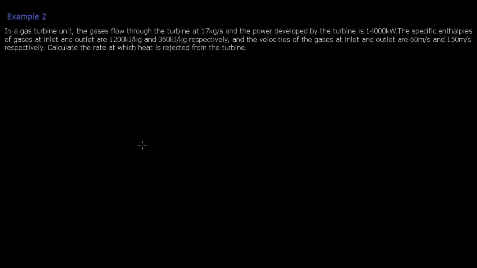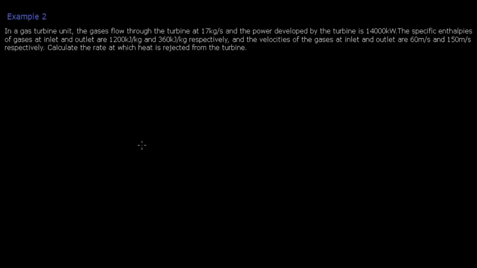The specific enthalpies of the gases at inlet and outlet are 1,200 kilojoule per kilogram and 360 kilojoule per kilogram respectively. The velocities of the gases at inlet and outlet are 60 meter per second and 150 meter per second respectively. Calculate the rate at which heat is rejected from the turbine.